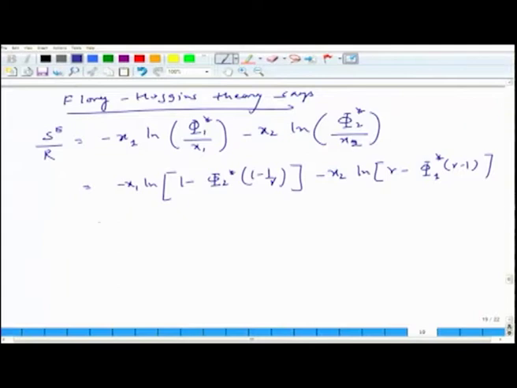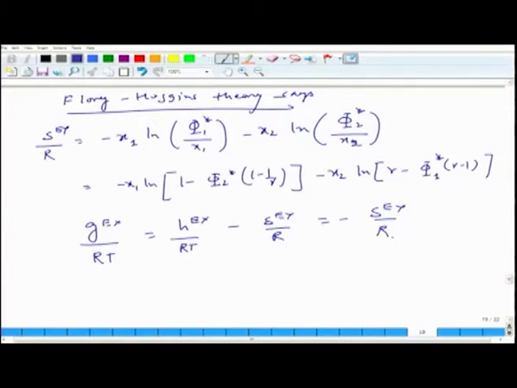Now, we know that this is an athermal solution as far as Flory-Huggins theory is considered. So, G E by RT is H E by RT minus S E by R, which is nothing but minus S E by R. So, now you have a handle on G E. So, this is the same as this.